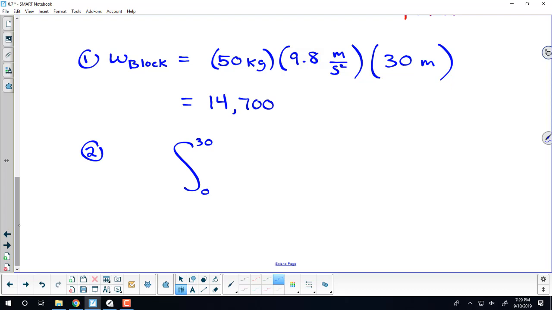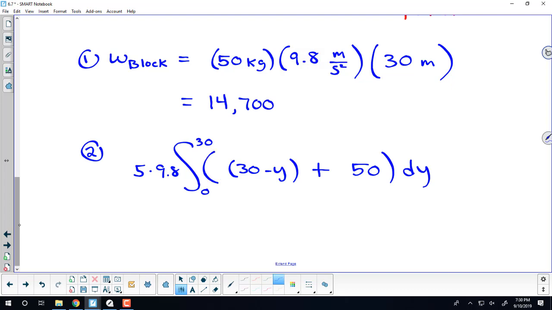We can't put the 5 times the 9.8 out here and do 30 minus y plus 50 dy, because that 5 doesn't apply to the weight of the block. So just make sure you're being careful with that. The 9.8 is the constant that applies to both. The 5 only applies to the chain.